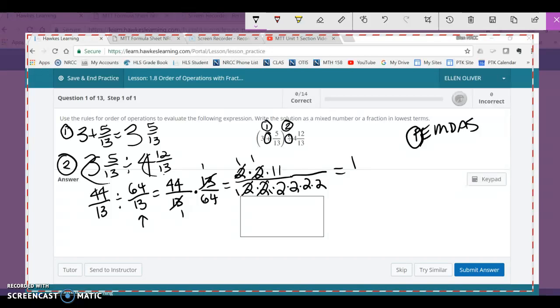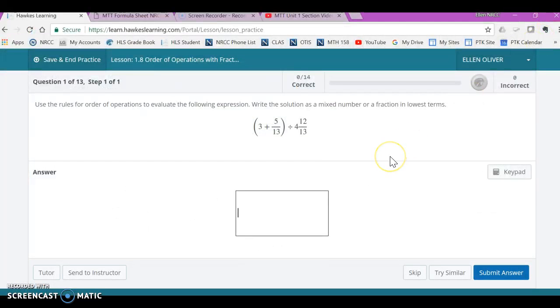And I'm left with 11 on the top and 4 times 4 or 16 on the bottom. So none of that is anything you haven't already done. It's just staying organized and knowing what order to do things. So let's enter that answer and go from there.